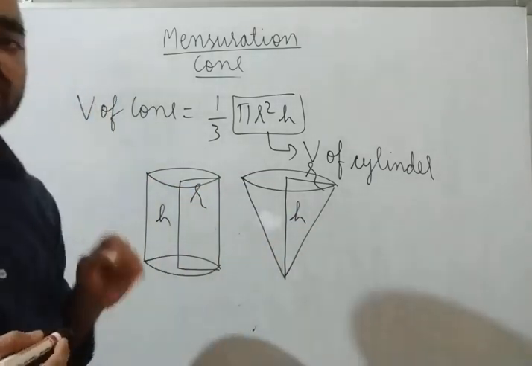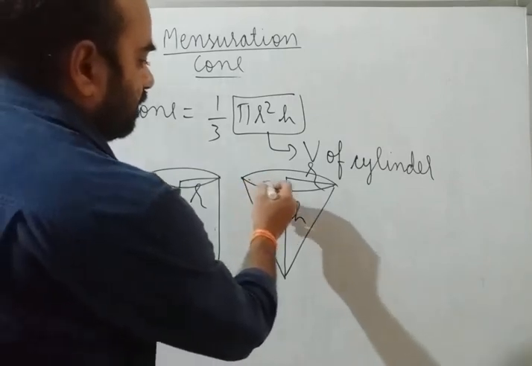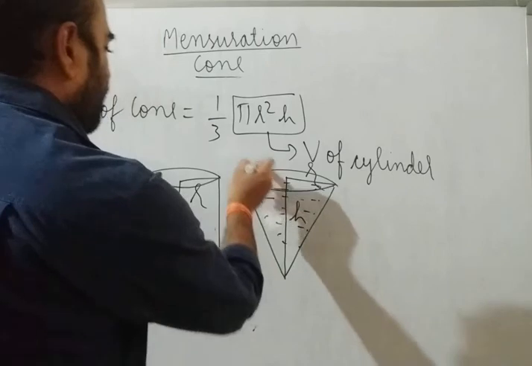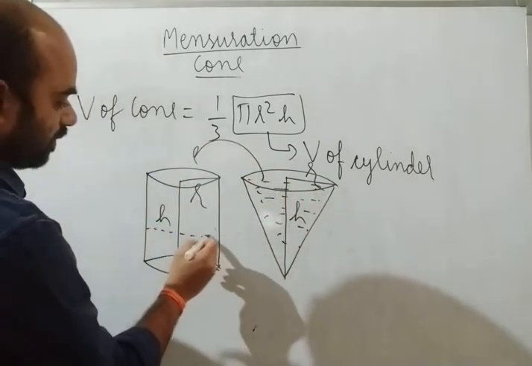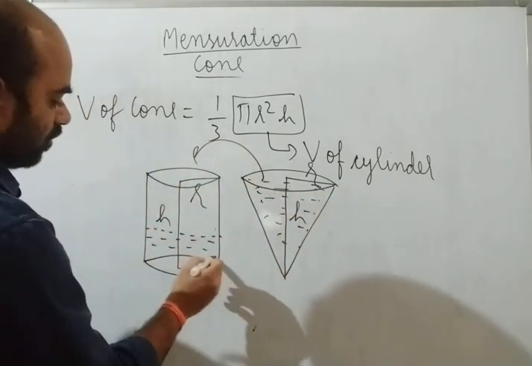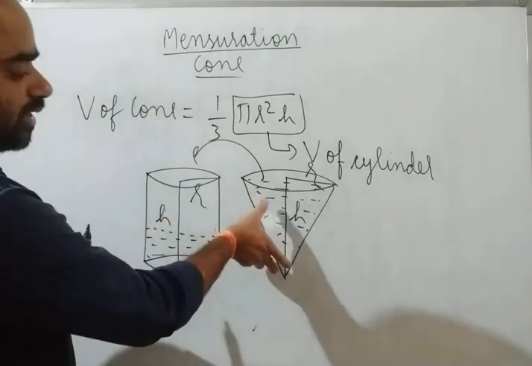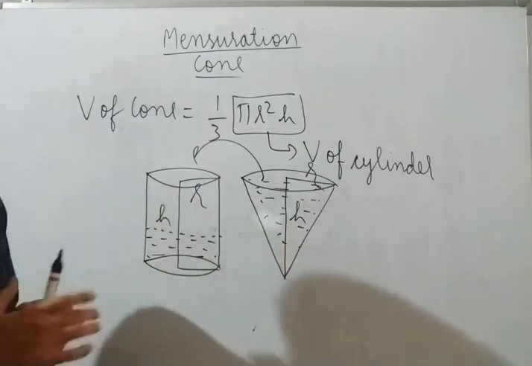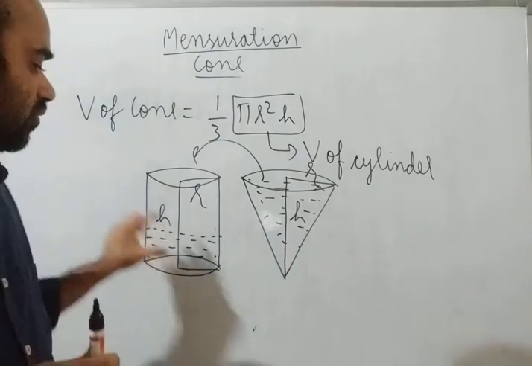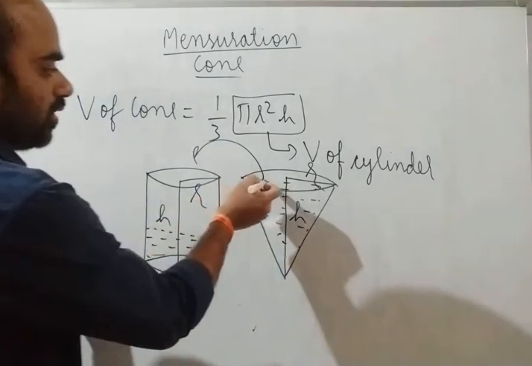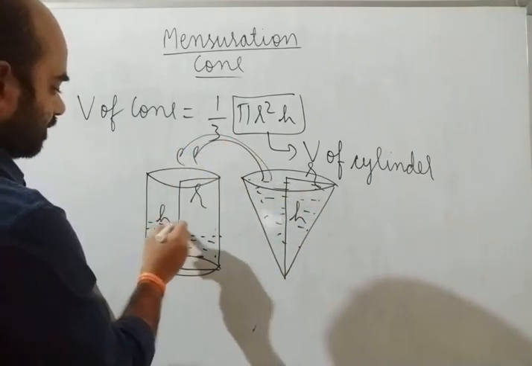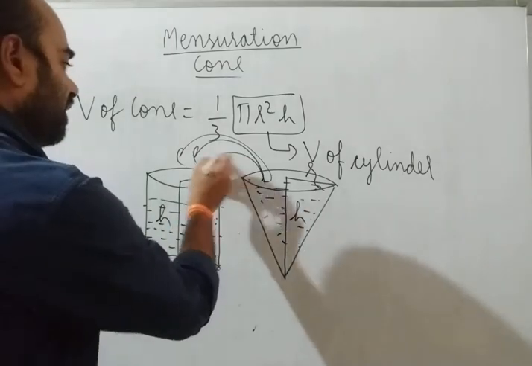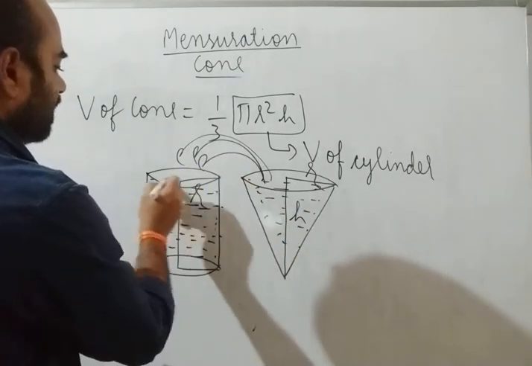So you will see, if you fill this with water, in one time it is not filled completely. What we have done? We have filled this conical vessel with water and poured the water in the cylindrical vessel once, that is one time. So it is not filled. Now we again fill this, but again this is not filled completely. Again we have poured the water, then it is filled completely.